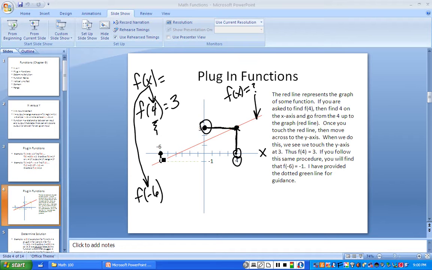At -6 for x, we just draw from the graph to the y-axis, and there you have it. Our y is right there at -1. So when x is -6, our answer is -1. So that's an example of how to evaluate functions when you're given a graphical representation of the function.